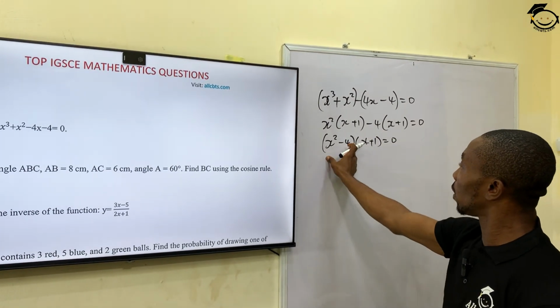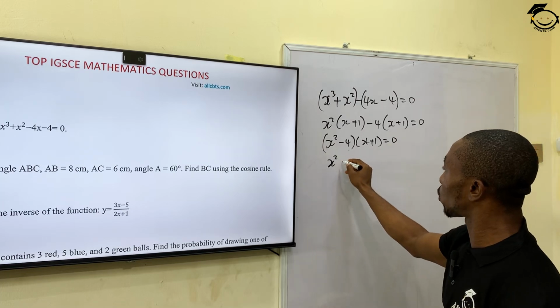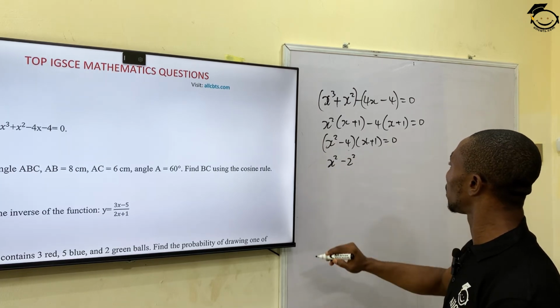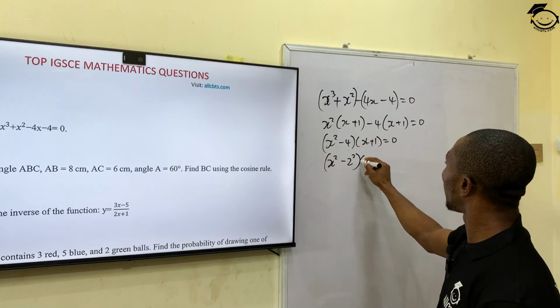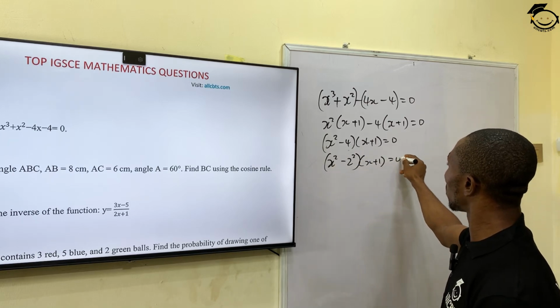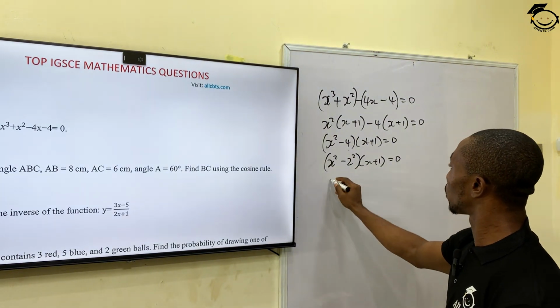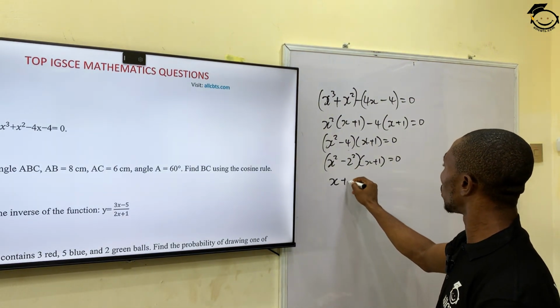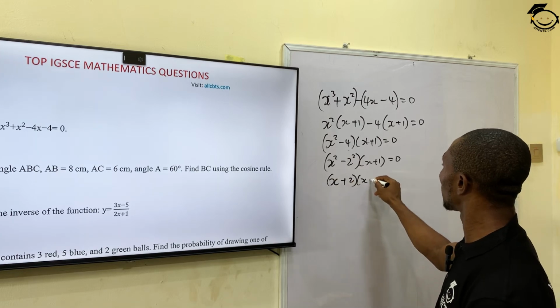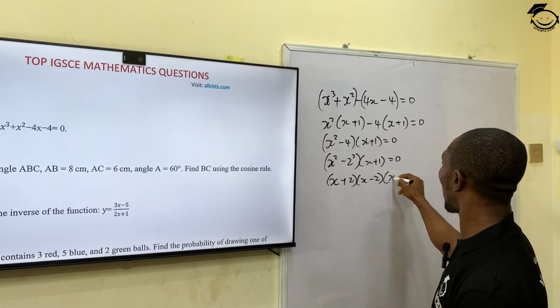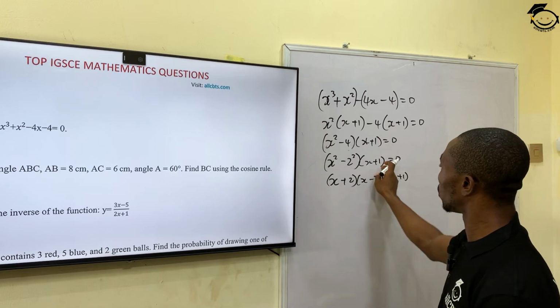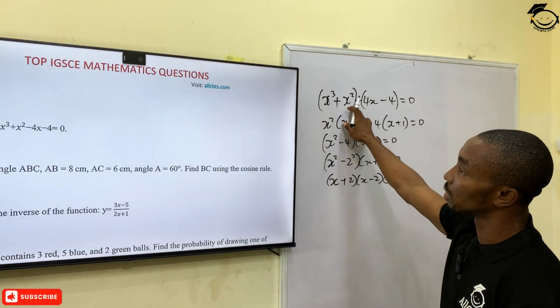So opening up this bracket, we can have it as x squared minus 2 squared and x plus 1 equals 0. Now we can apply a difference of two squares here. This becomes x plus 2, x minus 2, and x plus 1 as the factors of this equation.